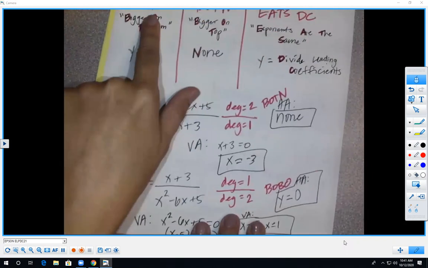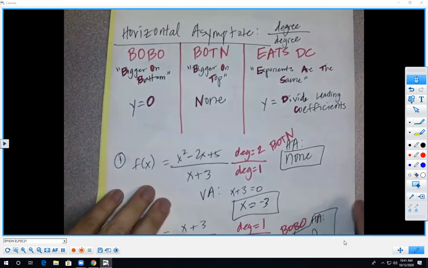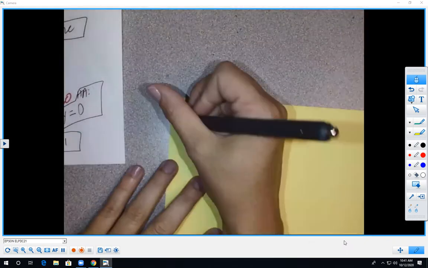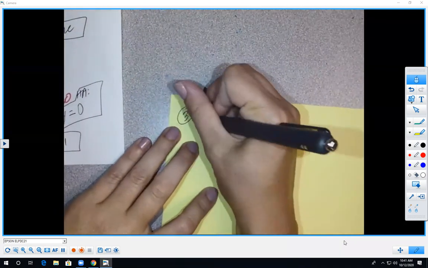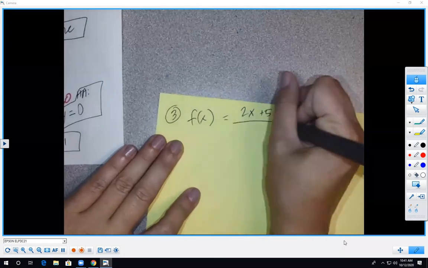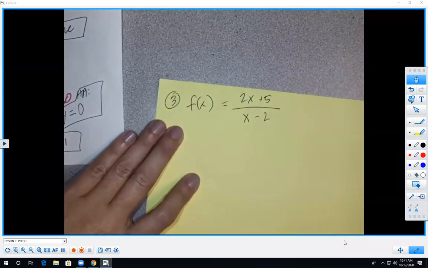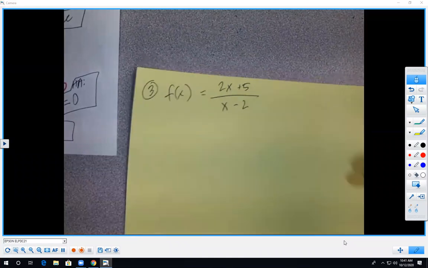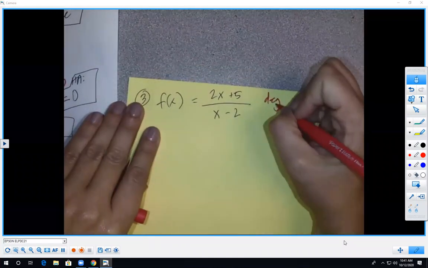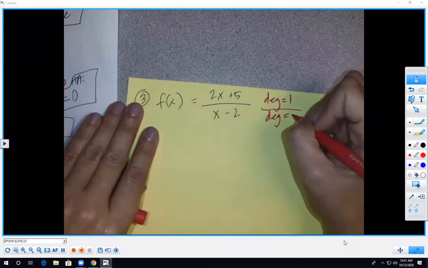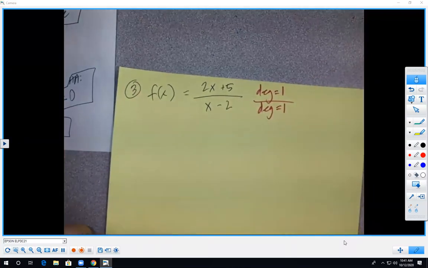Okay, so we did bobo, we did bot, and let's do an eats DC now. So a situation for that one would be if I had the problem f of x equals 2x plus 5 over x minus 2. What's the degree on top? 1. What's the degree on bottom? 1. Do they have the same degree?